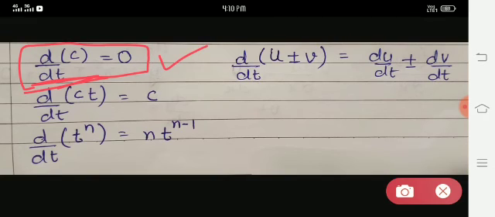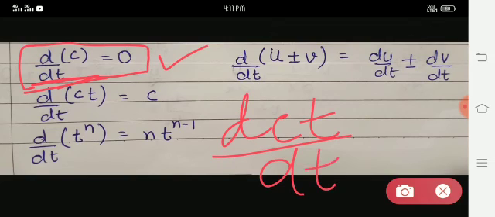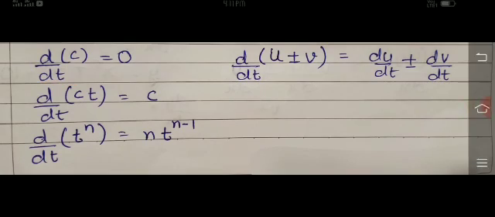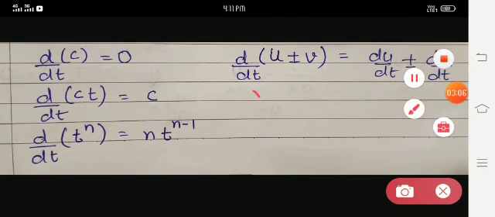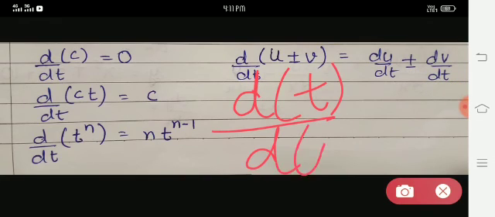Now if we have this constant c multiplied by t, suppose you have a function in terms of t. When you take the derivative of this function, which is defined by this equation, the quantity c remains, and the differentiation of t is written as dt by dt.